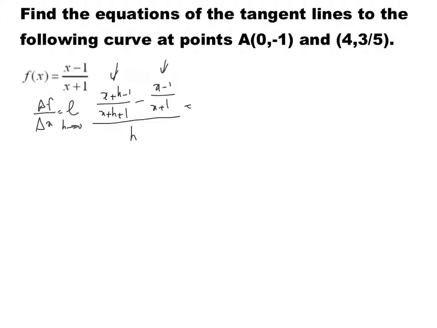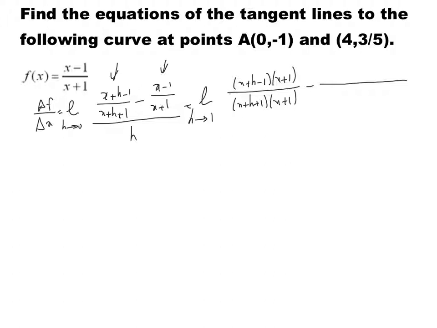So this becomes the limit as h goes to 0 of x plus h minus 1 times x plus 1 over x plus h plus 1 times x plus 1, minus the second one.